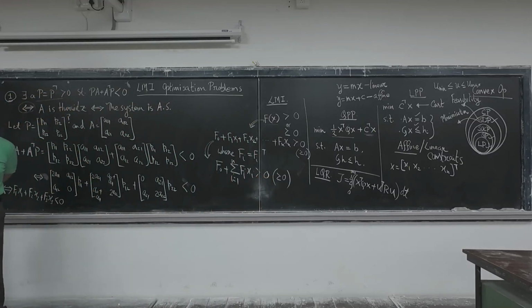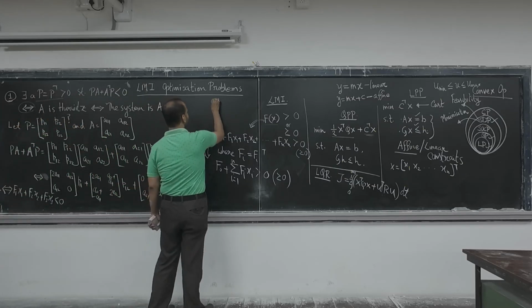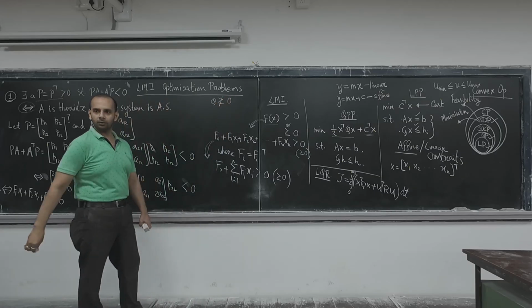If it is not convex, then you cannot approach it in the same way. Like what we were discussing last day, if it is non-convex, then by applying some intermediate procedure, can we convert it to an SDP problem? Suppose you are dealing with a matrix that is not positive definite or semi-definite, is it possible to work with its Hermitian part? That means suppose Q is not positive, so you cannot say Q is greater than or equal to 0.